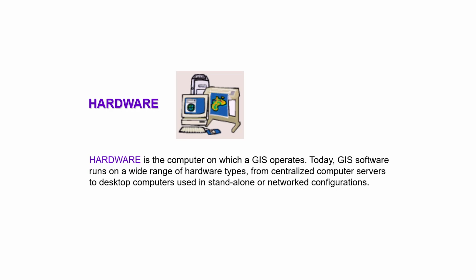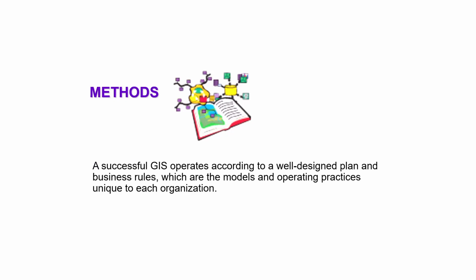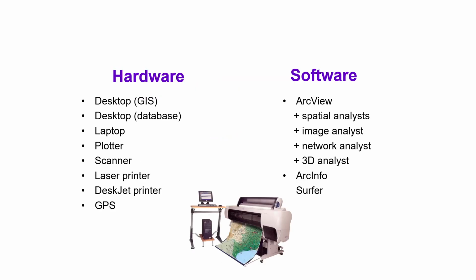I will explain all the kinds of these devices soon. Methods. A successful GIS operates according to a well-designed plan and business rules, which are the models and operating practices unique to each organization. Here you can see examples of hardware and software.